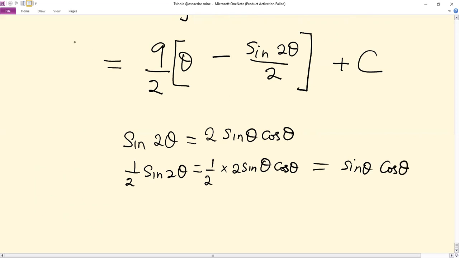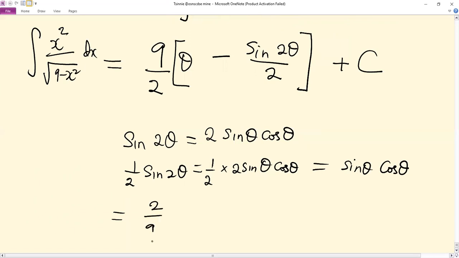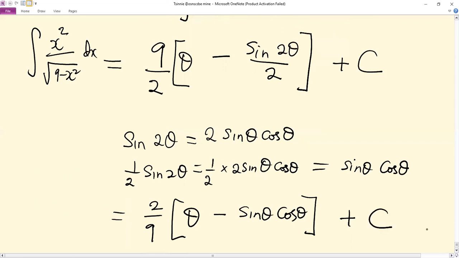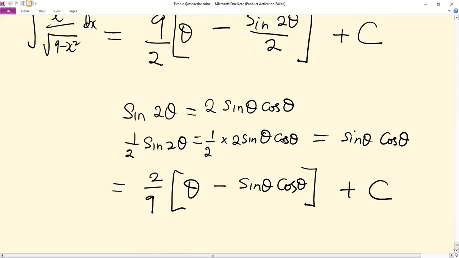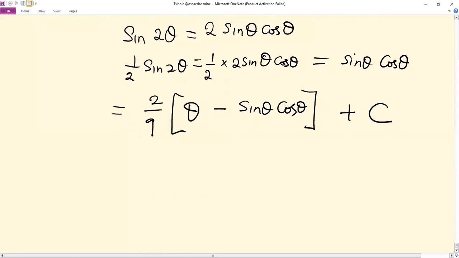So this integral, x squared over the square root of 9 minus x squared dx, will be 9 over 2 into theta minus sine theta cosine theta, and then you add c. But you don't leave your answer here because theta was not in the question.